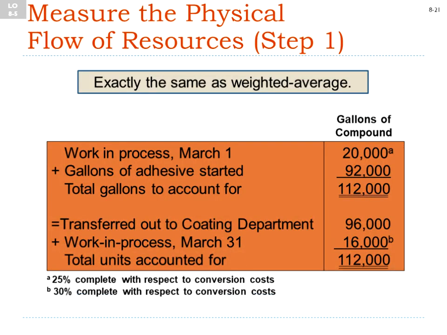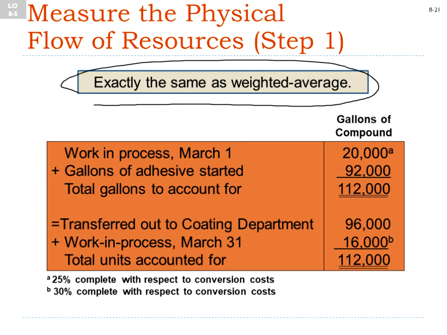So for step 1, as the slide says, it's going to be exactly the same as weighted average. The problem tells us that we have 20,000 gallons in work in process, and then we start another 92,000 gallons, so we have 112,000 gallons to account for.